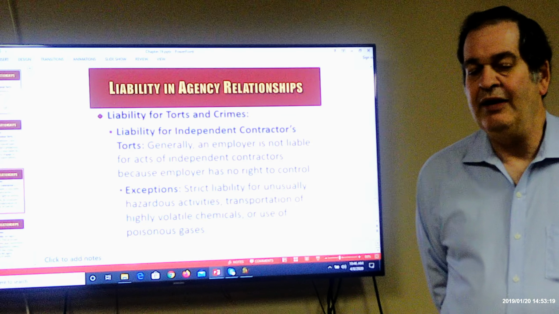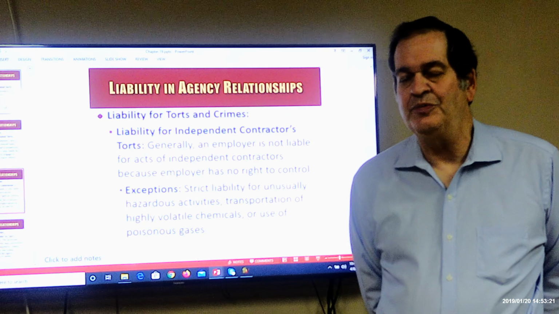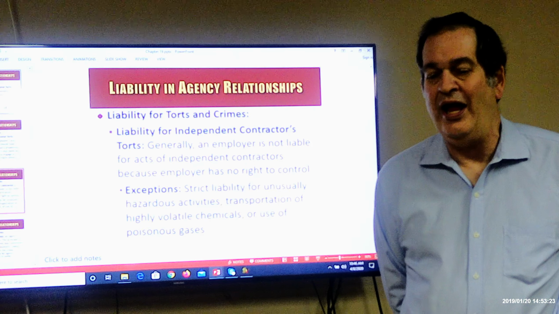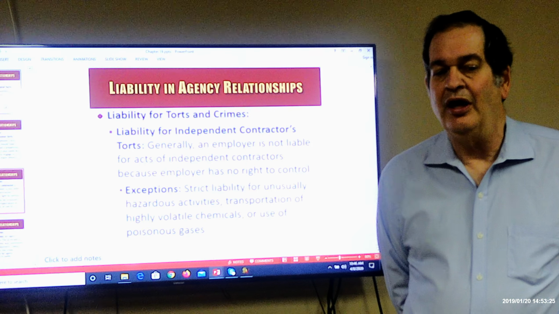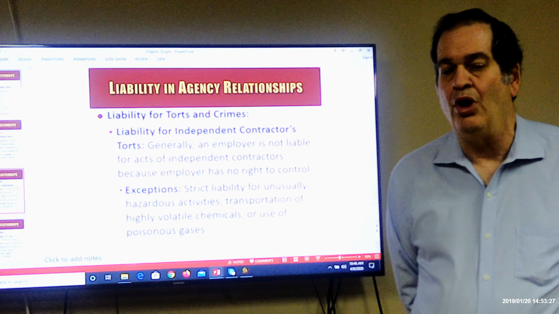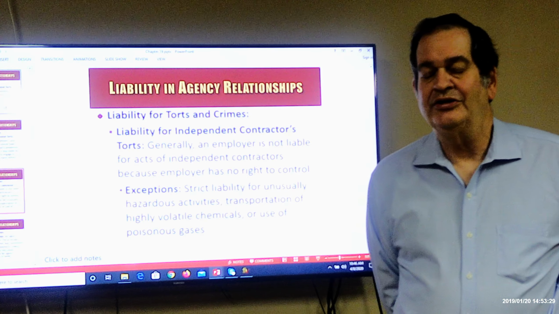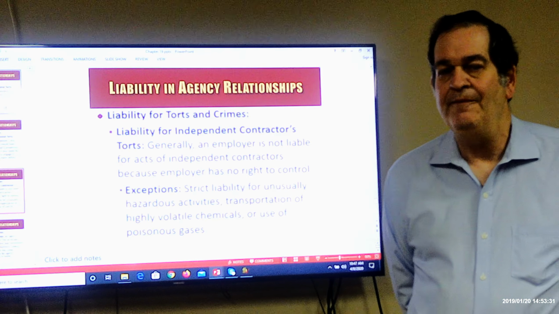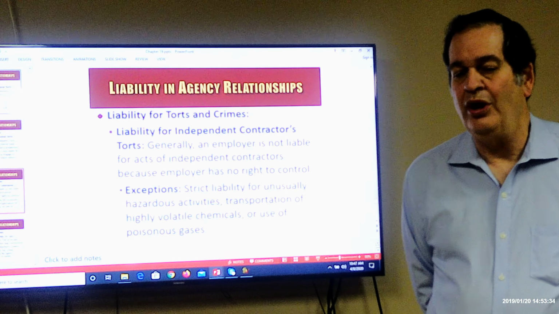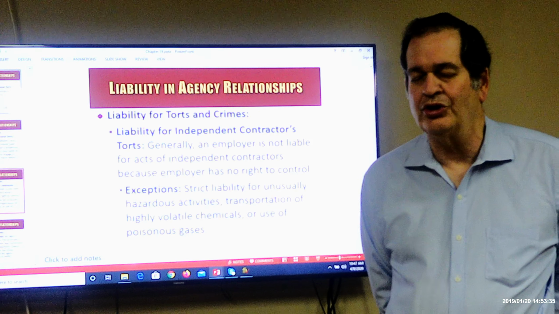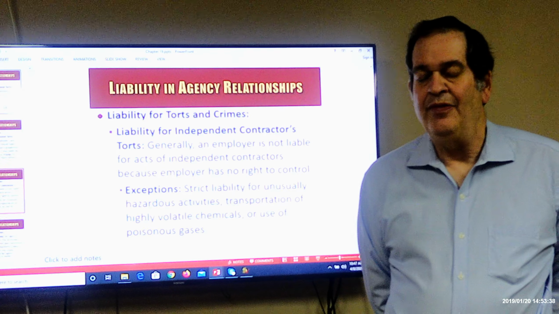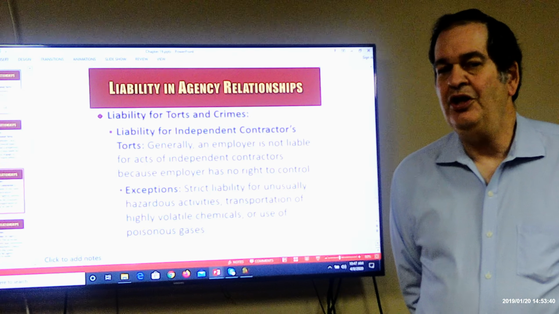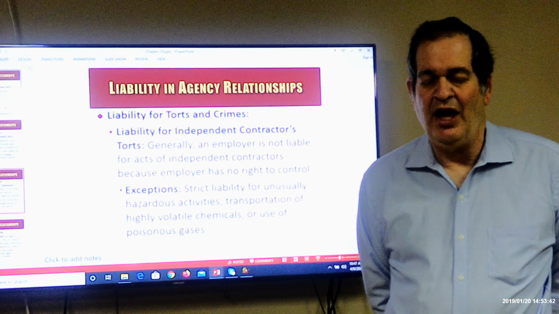Next, if it's an employee, the employer has responsibilities with regard to wages, with regard to taking out taxes and Social Security, perhaps covering the employee for workers' compensation, and things of that nature. If it's an independent contractor, that's not the case.